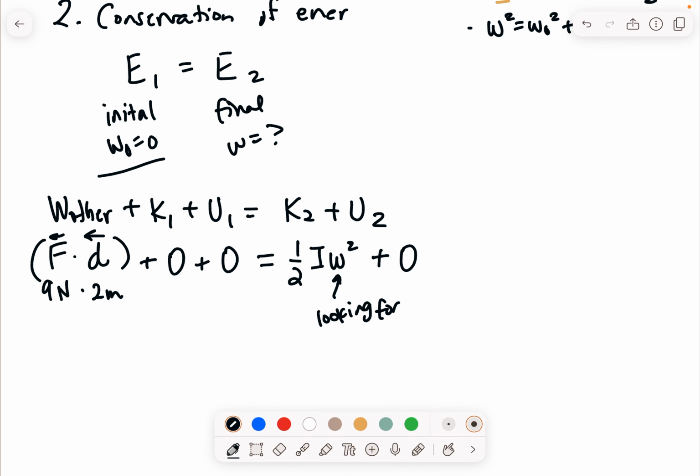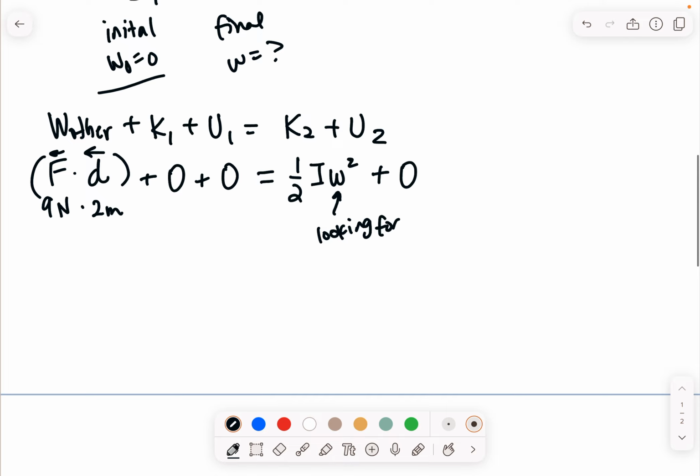So now you can see that the work that we do to linearly pull the rope off of the pulley or the cylinder is going to translate into rotational kinetic energy, right? So we're going to use conservation of energy here to find our omega. So we have 18 joules of energy from the pull that is going to give that wheel or cylinder 1/2 I omega squared worth of rotational energy.